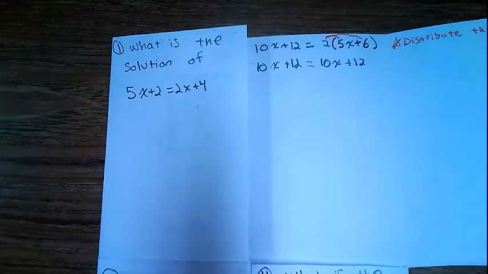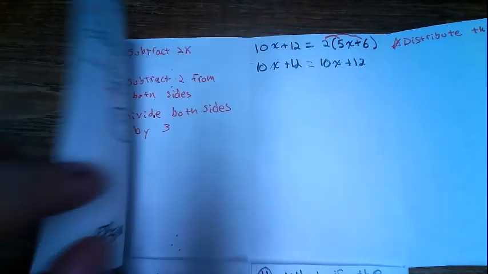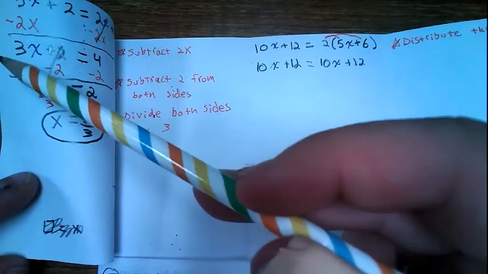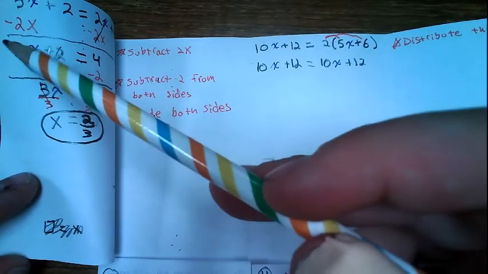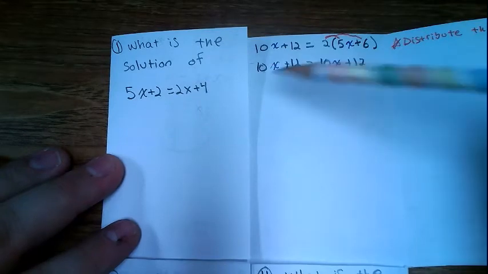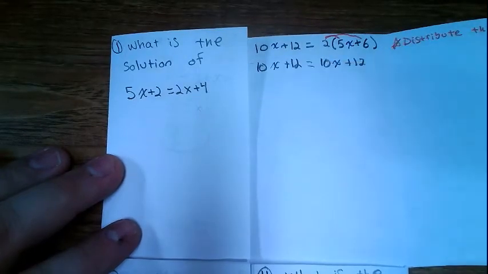So let's see what we can do getting rid of those variables. Let's move the variables to the same side. Now, when we did this one, I talked about kind of moving the smaller variable over. So I moved the 2x over here because there were less of them. On this one, they both have 10x's, so it doesn't really matter which one I move.